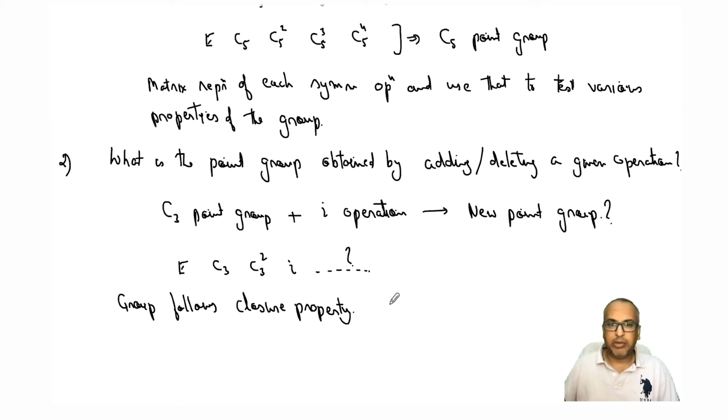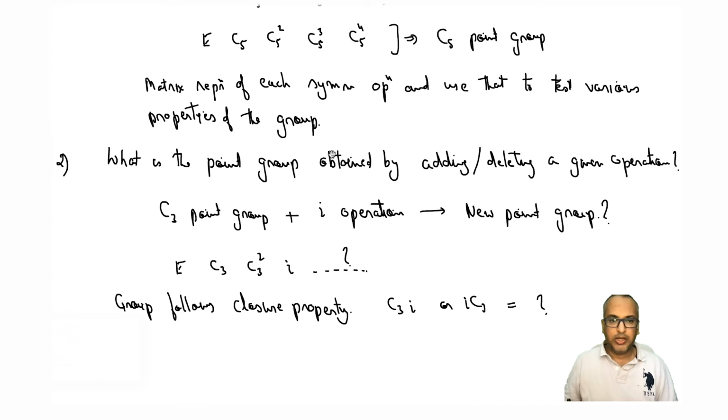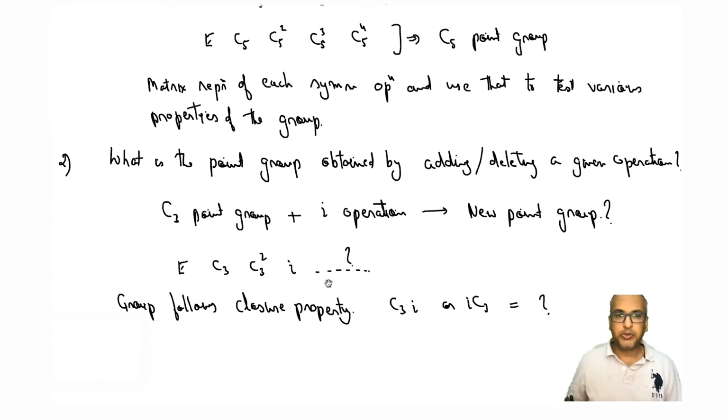So for example, if we do C3 into I or I into C3, what do we get? Let's say we get a new operation. Now that new operation can come here. So how to do that? Let us see. Again, the easy way is to write down the matrix representation for the two, because you don't know how the molecule will change.